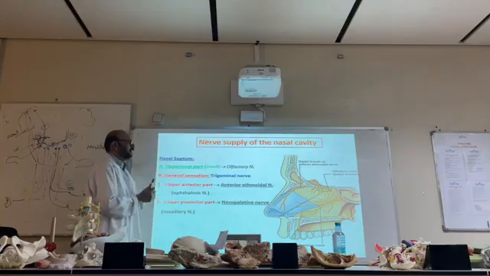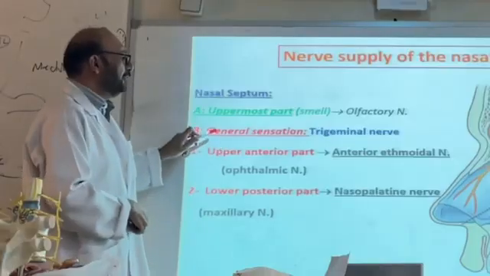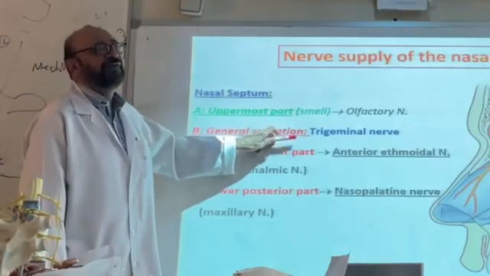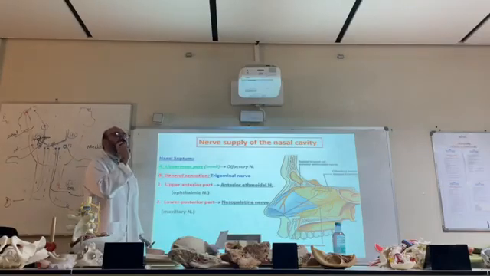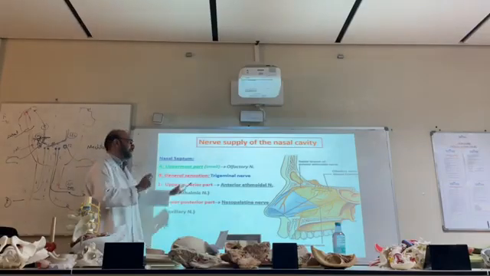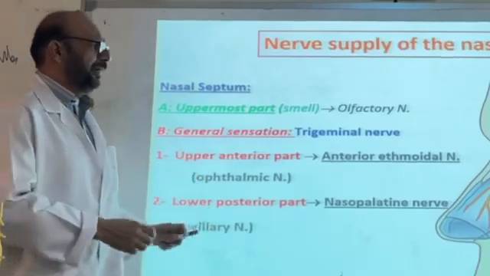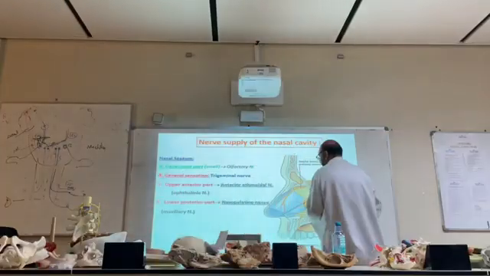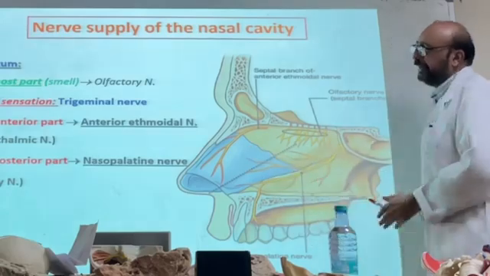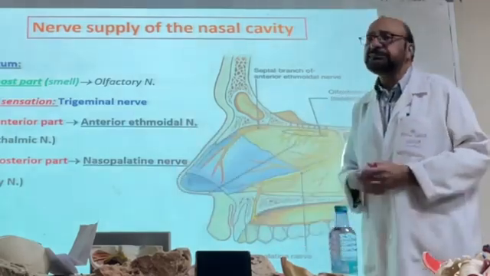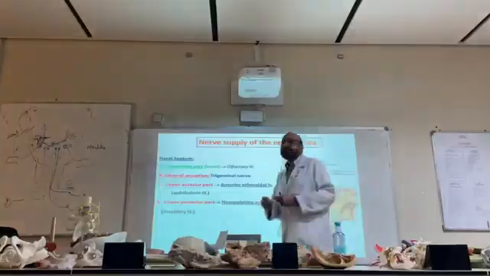The lower part, which we know as the respiratory part, has general sensation by the trigeminal nerve. When I say general sensation, it means any foreign body, any irritation. You can divide it like this: upper anterior, lower posterior, and these are the branches supplying this area.